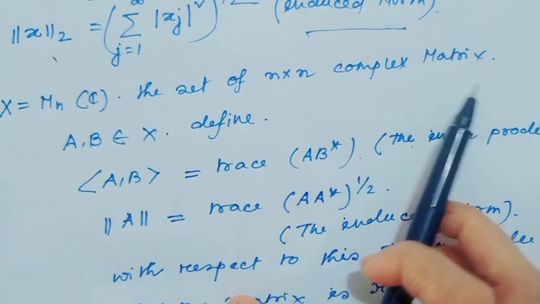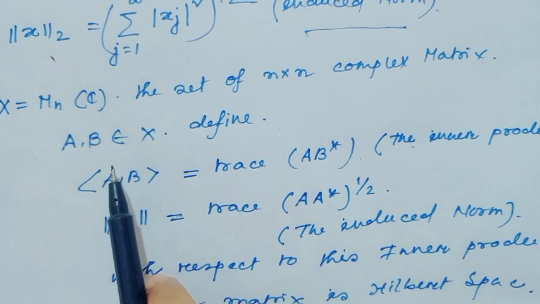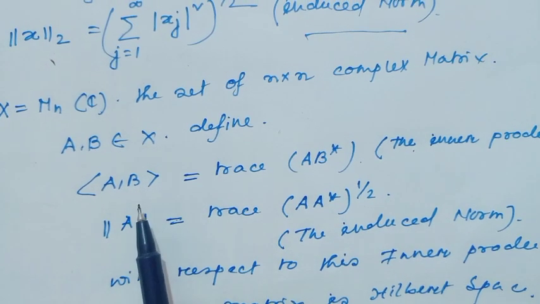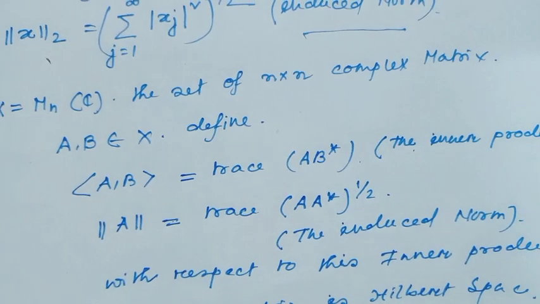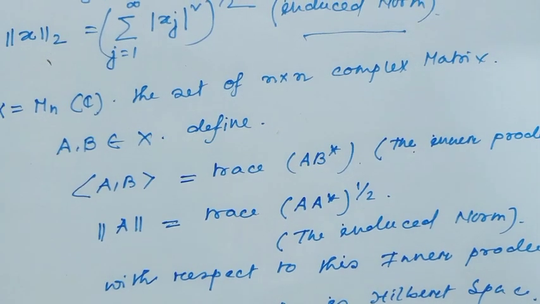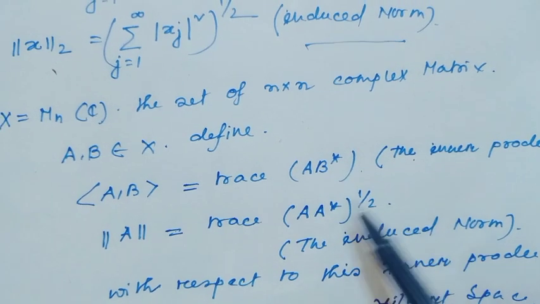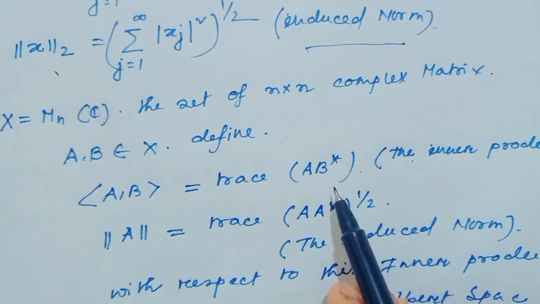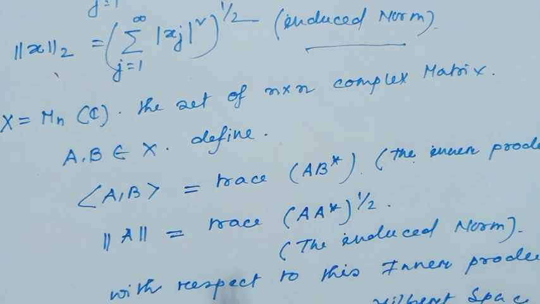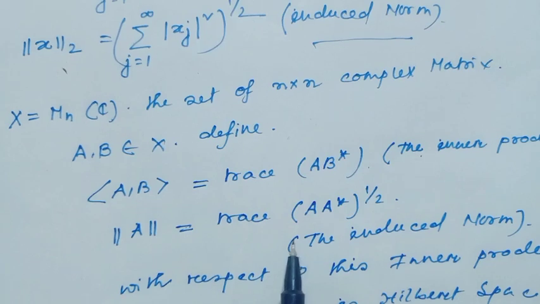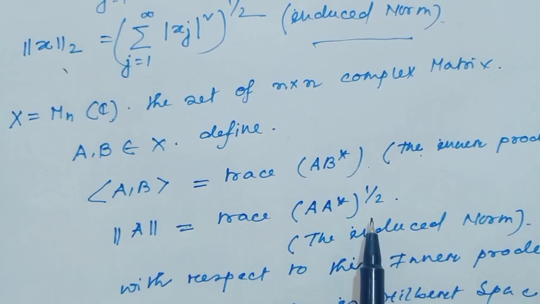complex matrices. Now consider two matrices A, B in the space X and define an inner product. We all know what the inner product in n cross n complex matrices looks like. Here the inner product is defined as trace of AB star, and the norm is defined as trace of AA star to the power half.